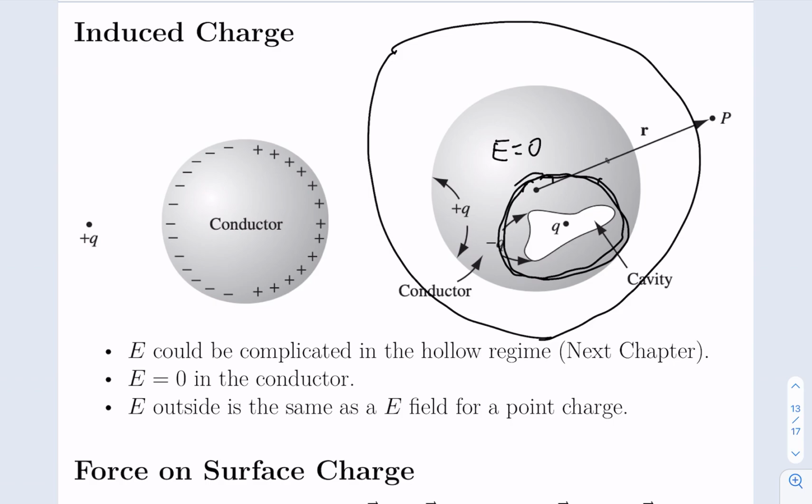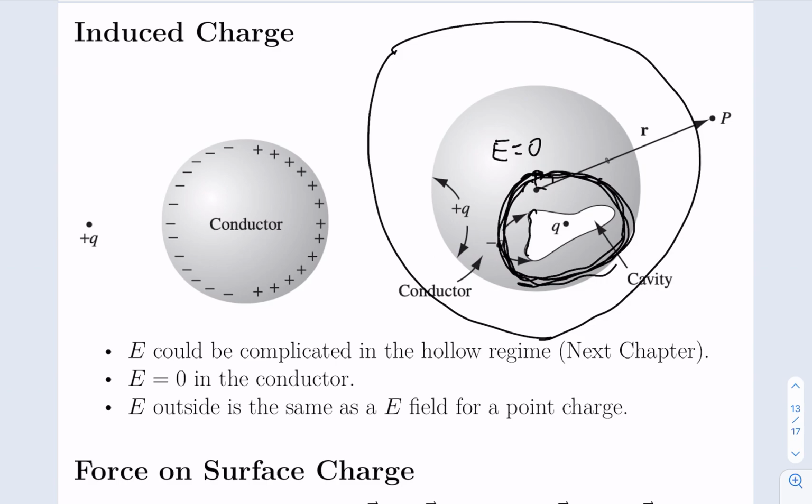If you do a Gauss' law integration inside the surface, because the surface is enclosing the region where the electric field is 0, this means that the total charge inside this volume should be 0, right? So on this inner edge there should be minus Q of charge that counters the charge Q inside, and this minus Q should be balanced by the plus Q charge on the outer surface.